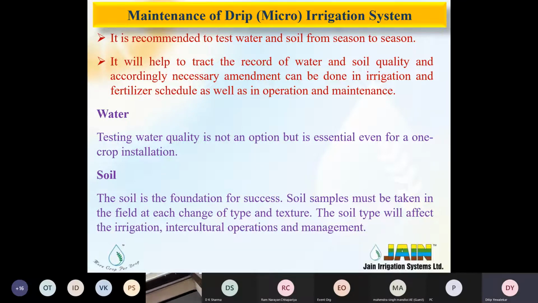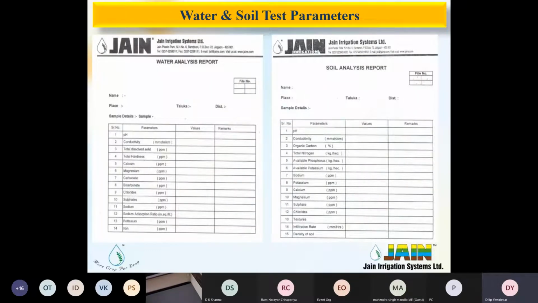Then water and soil testing is required. So these are the reports: water test and soil test report. In the water test report, these are parameters we need to study. Under soil also, we need to test pH value, conductivity, organic carbon, nitrogen, available phosphorus, potassium, sodium.